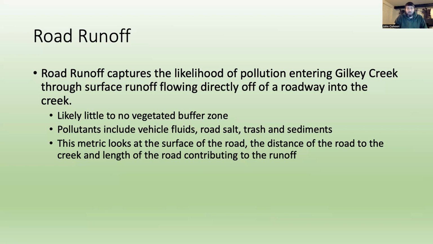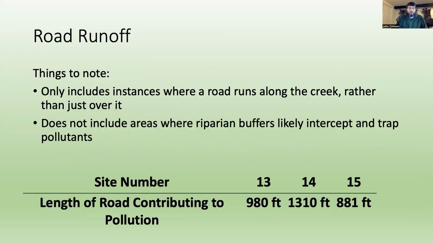So these were cases where you had a road running parallel to the creek in very close proximity without any sort of green infrastructure or filtering mechanism to prevent a lot of that non-point source pollution from flowing into the creek. This really only occurred at sites 13, 14, and 15.